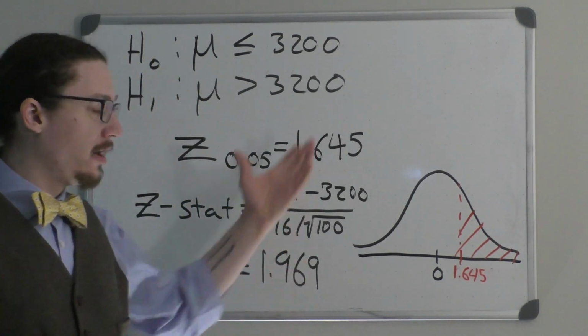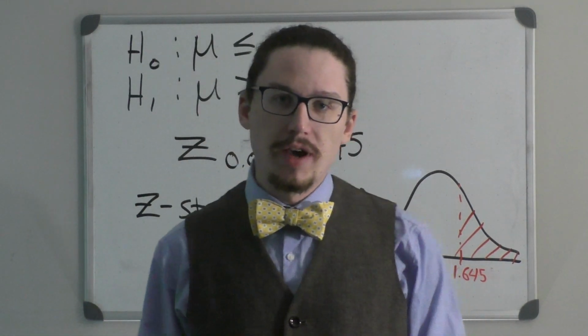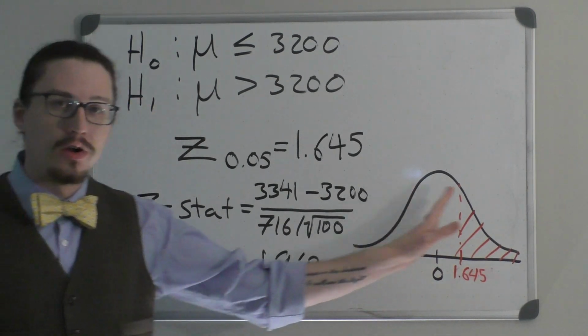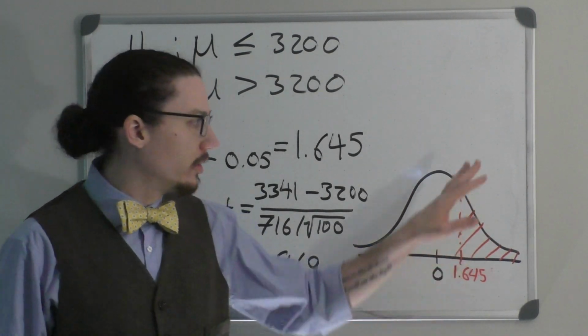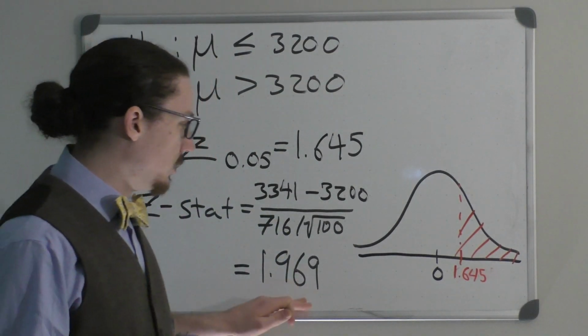1.969. So we could just compare the numbers and see, is our test statistic greater than our critical value? Or if we wanted to, we could see where our test statistic falls in relation to the critical value on our distribution if we decided to draw it.